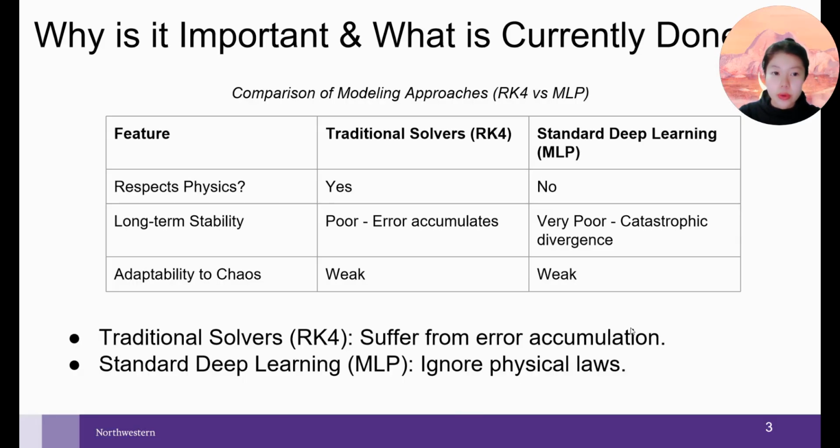While highly accurate in the short term, these solvers suffer from rapid error accumulation during long-term trajectory prediction. On the other hand, standard deep learning architectures like multi-layer perceptrons have been used to learn time series data. They completely ignore the underlying physical laws and continuous time nature of the system.